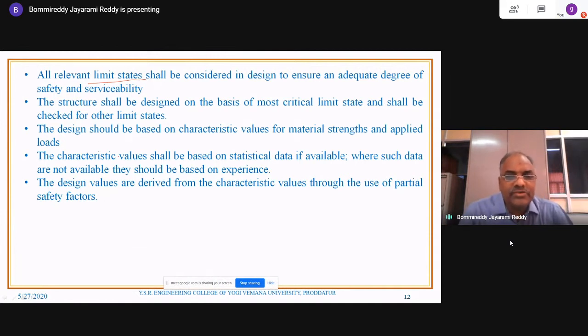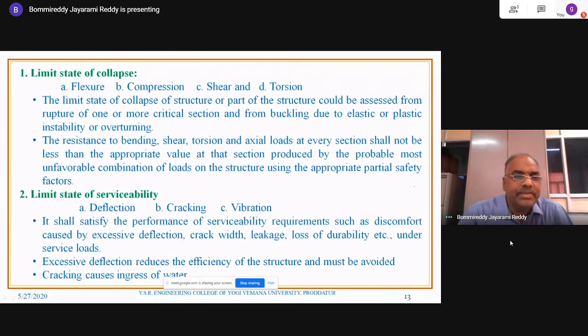And the design should be based on the characteristic values for material strengths and also the applied loads. So we have to find out the various characteristic loads and also characteristic strengths for both materials and loads. And the design values are introduced through the use of partial factors of safety.